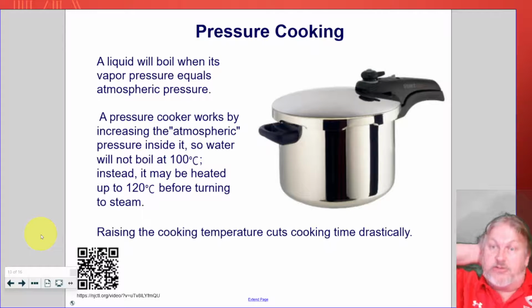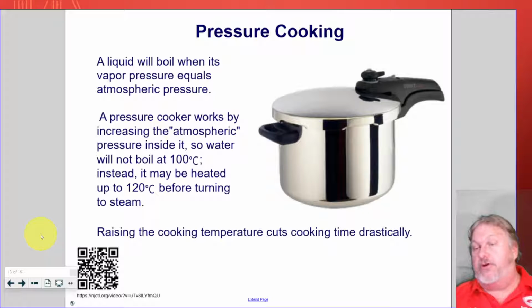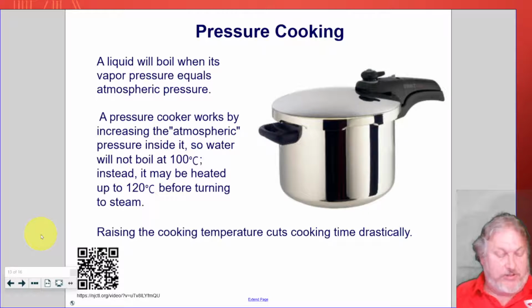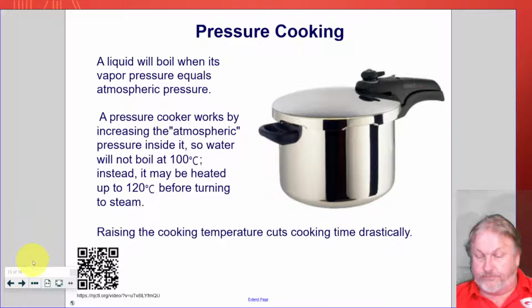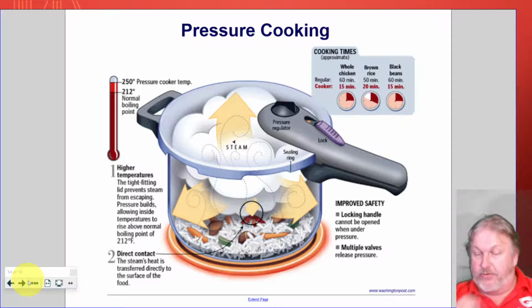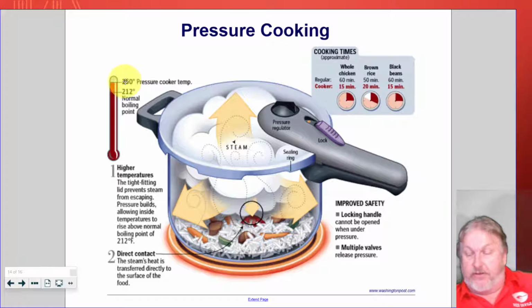Wow. So by raising the temperature, that's what cuts the cooking time, right? Instead of cooking at 90 degrees C or whatever, you're cooking at like 250 Fahrenheit or 120 degrees C. Pretty cool, eh? Old technology, we'll relabel it and call it something cool. So, I'm sorry, I said 300. 250 degrees pressure cooking temperature.